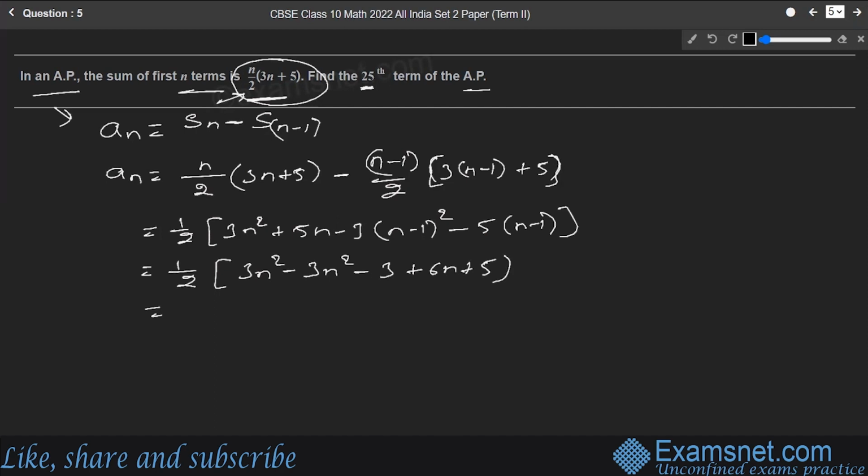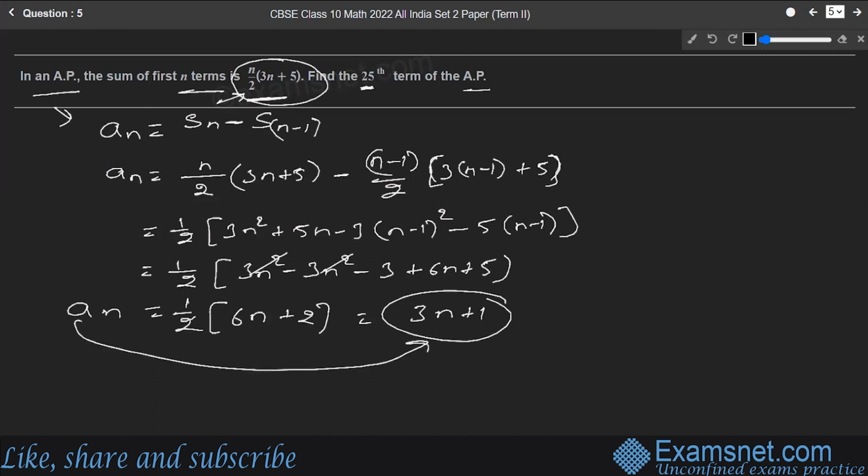Which reduces ultimately to, because 3n square and 3n square get cancelled, 6n plus 2, and if we multiply by 2 inside, then we're going to get 3n plus 1. So the an value is nothing but 3n plus 1.